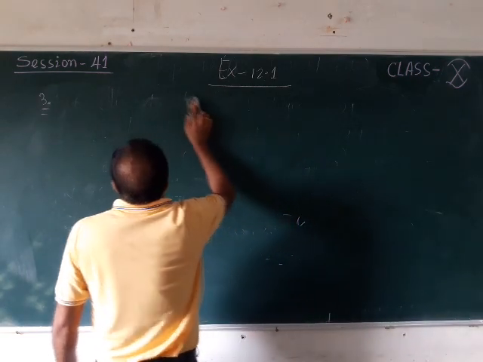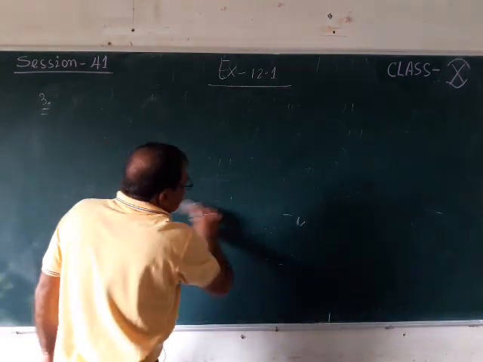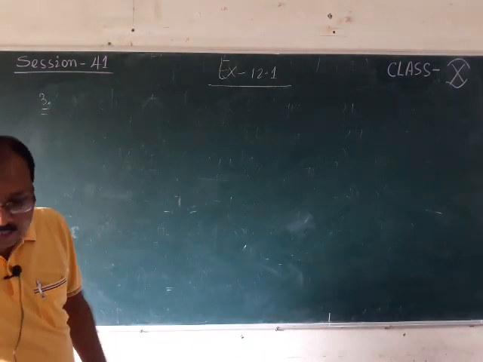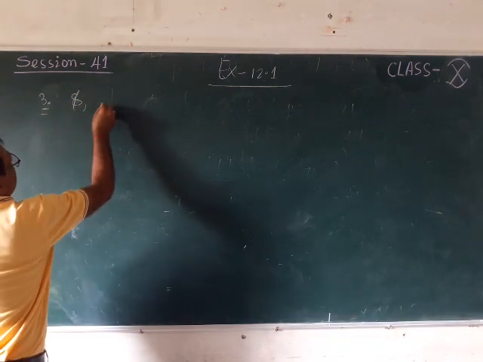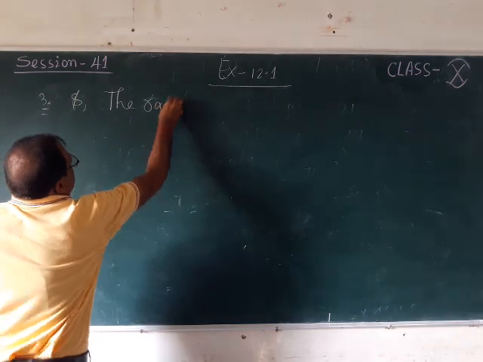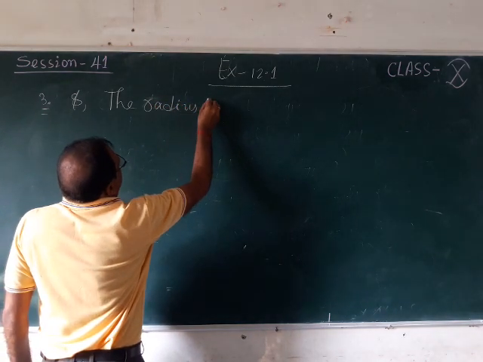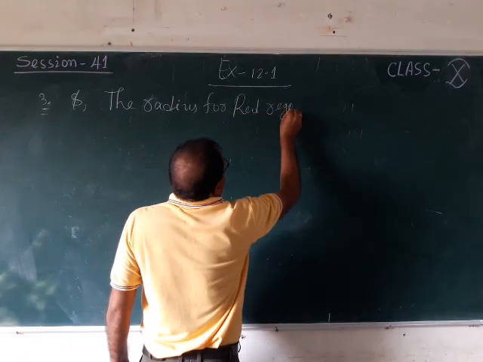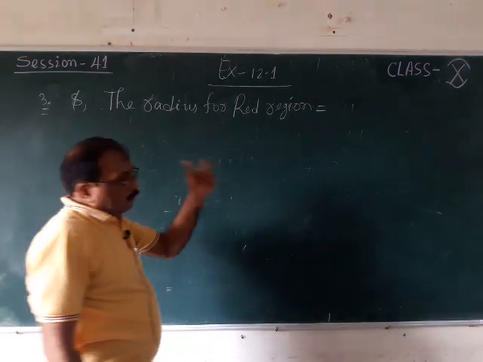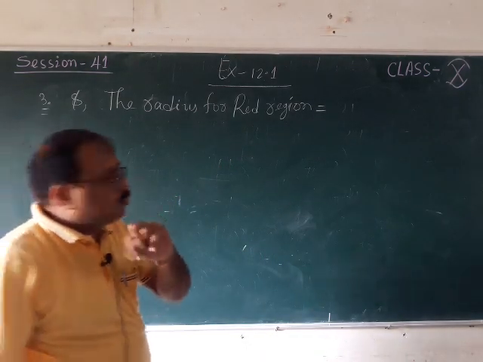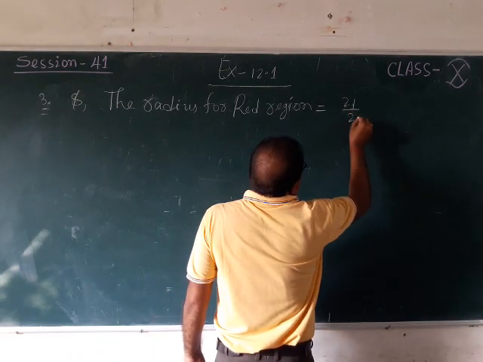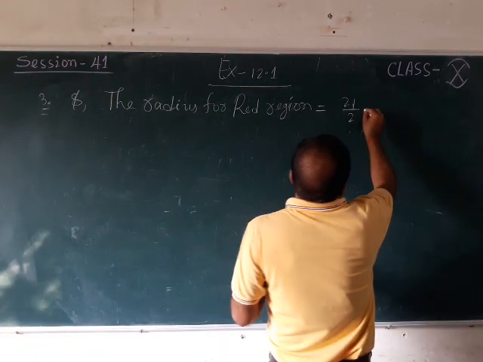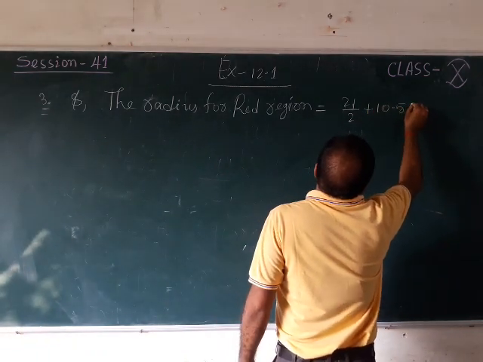For the red region, what do you think the radius will be? I want to find the area of the red region, and its radius will be how much? The previous radius for the gold region was 21/2 centimeter, and further it is increasing by 10.5 centimeter.